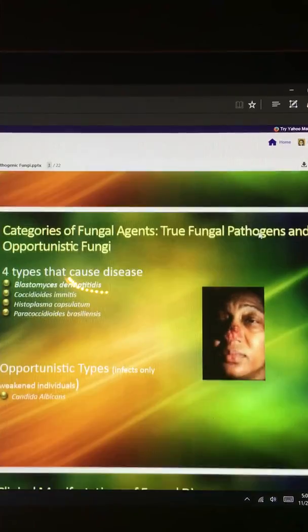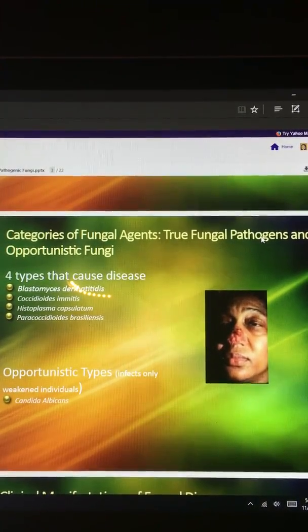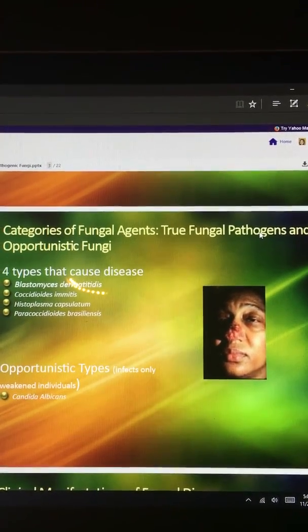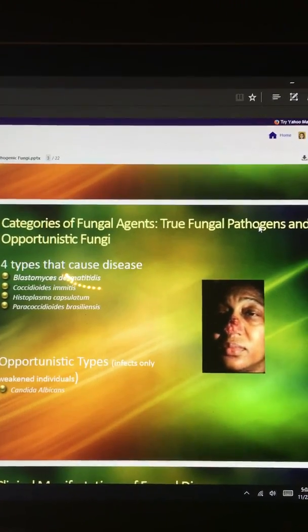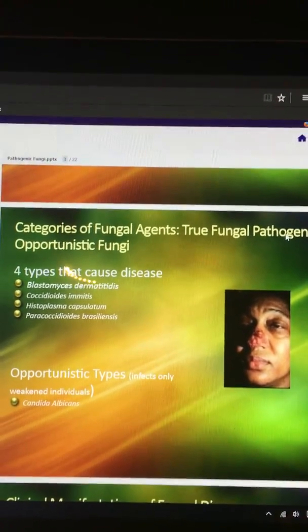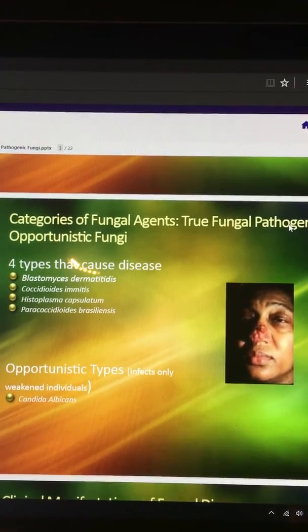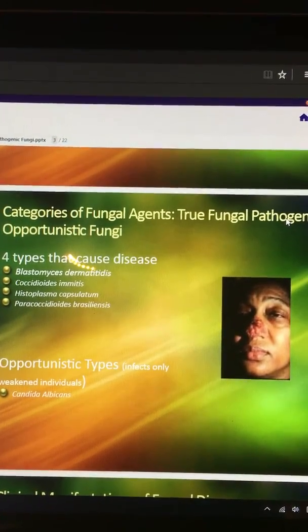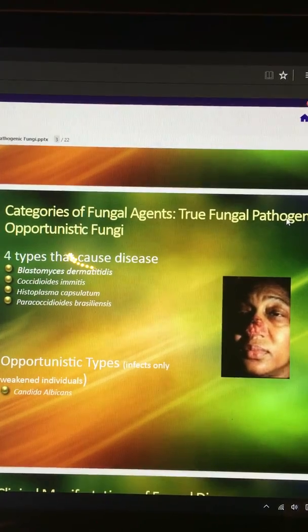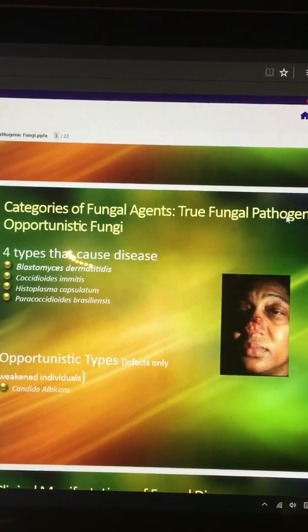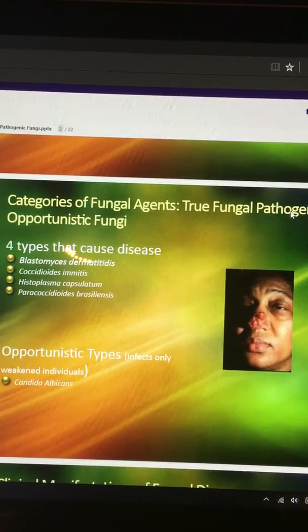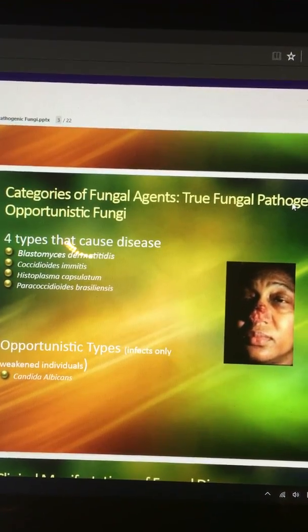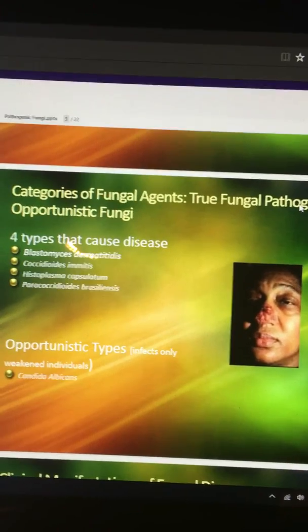There are 4 different categories of disease-causing fungi, and then there is also an opportunistic type. The 4 types that cause disease are Blastomyces dermatitidis, Coccidioides immitis, Histoplasma capsulatum, and Paracoccidioides brasiliensis.